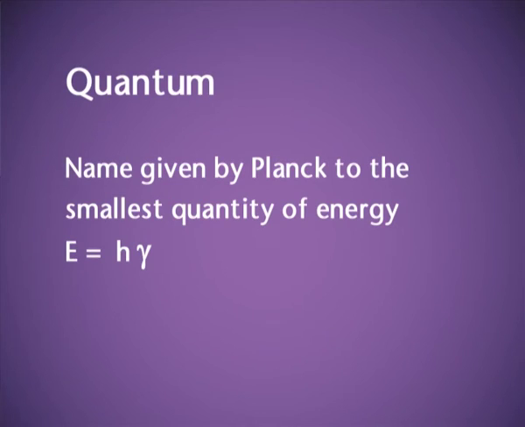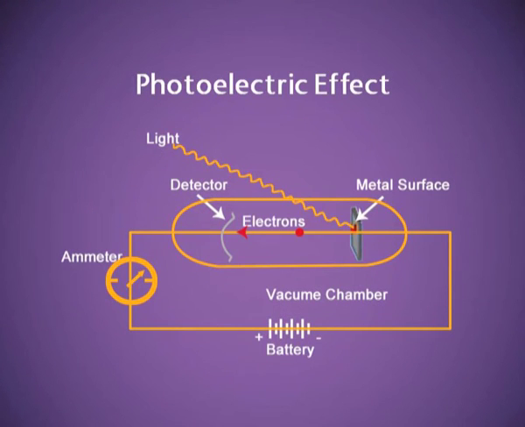The energy of the quantum will be given by the relation E = hν. Capital E is the energy of the packet, that is the quantum, h is the Planck's constant and ν is frequency. Photoelectric effect. Just see the picture.